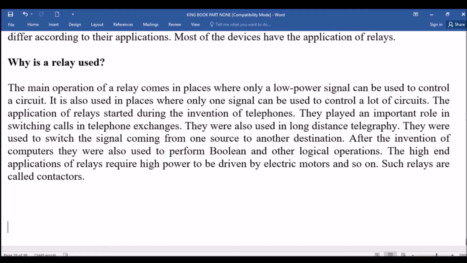They were also used in early computers to perform Boolean and other logic operations. The high-end applications of relays require high power to be driven, such as electric motors, and such relays are called contactors.